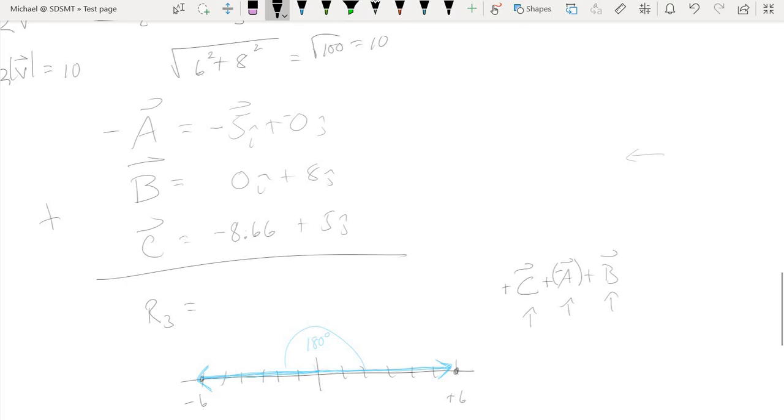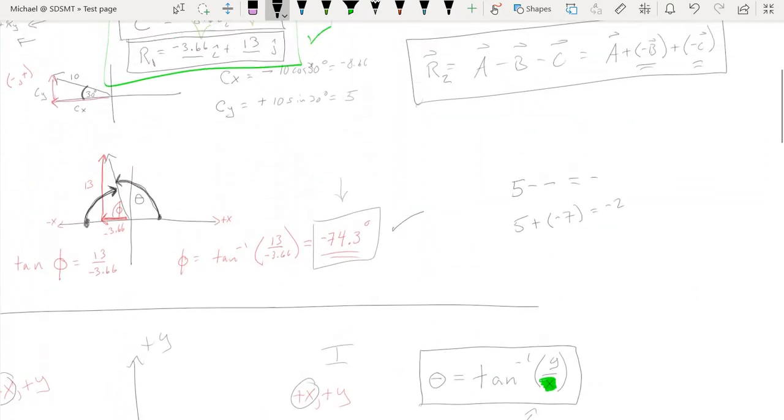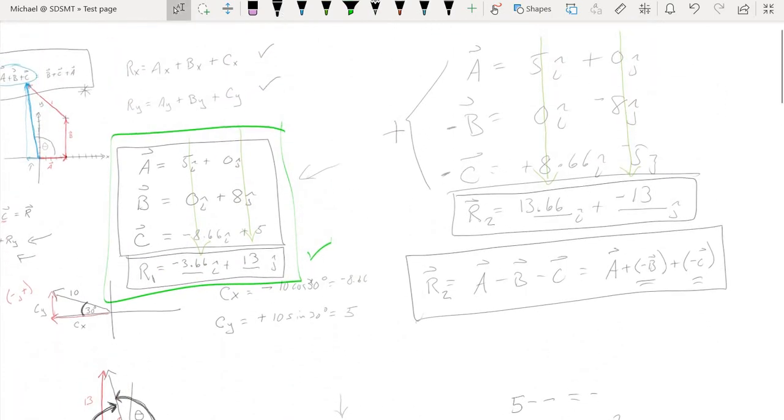They will add together to produce some resultant vector which has components, looks like negative 13.66 and 13. Is that the same thing that we had before? Is that the same thing that we had up there? Nope.